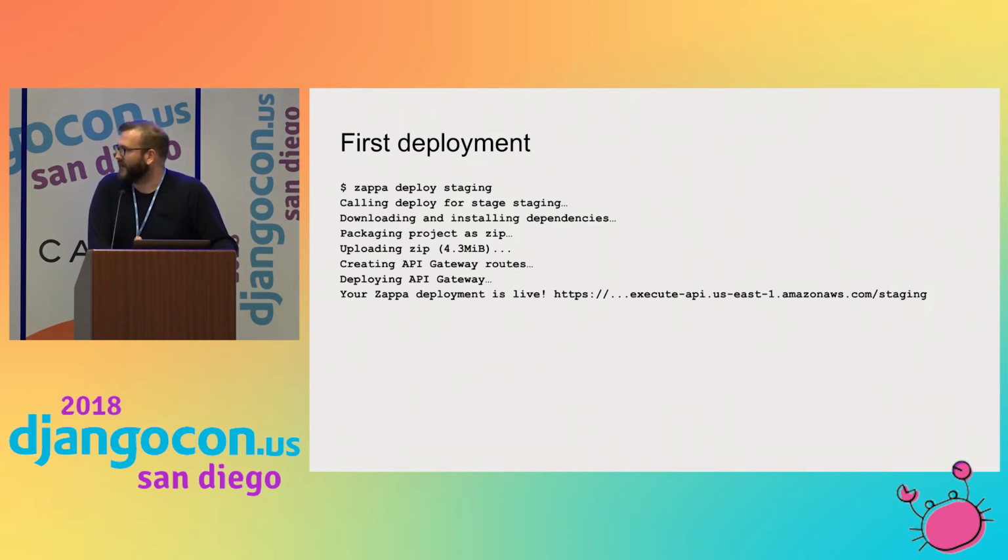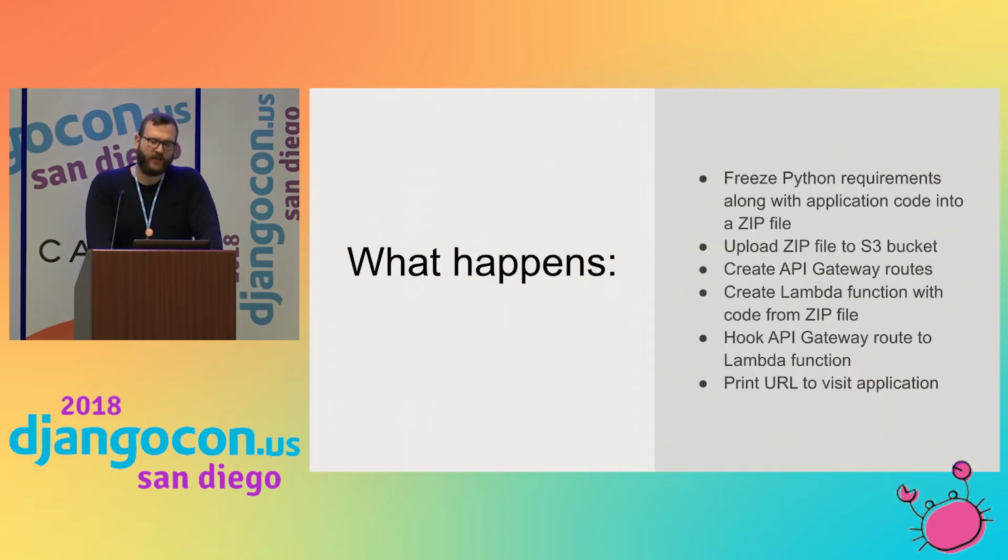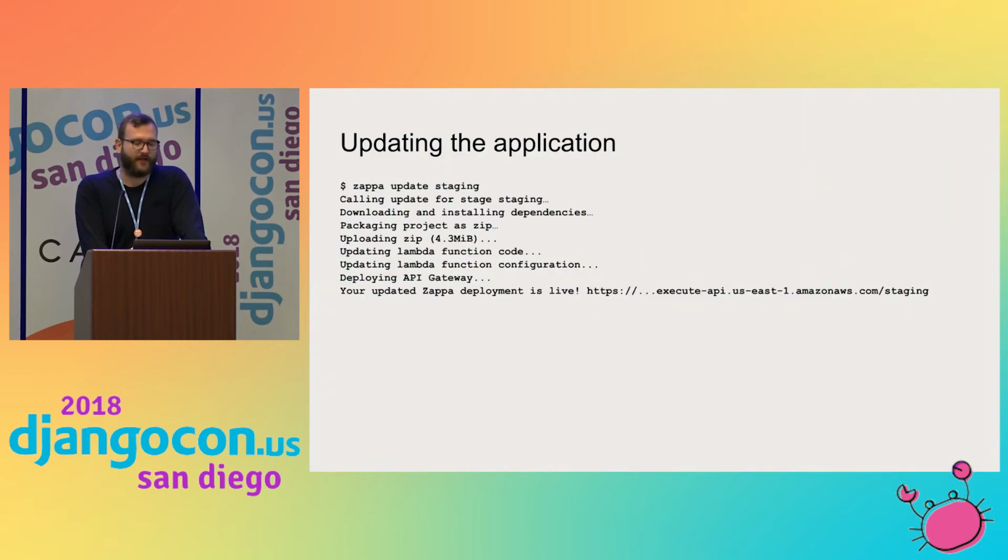It's some long randomly generated string of characters followed by execute-api, us-east-1 or whichever region you're in, amazonaws.com, and then slash your environment. And updating your application is quite similar.